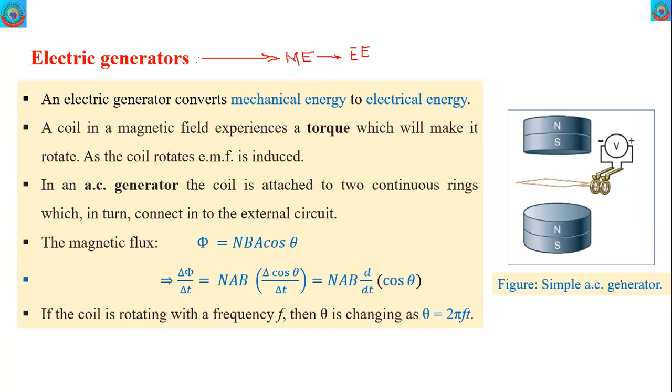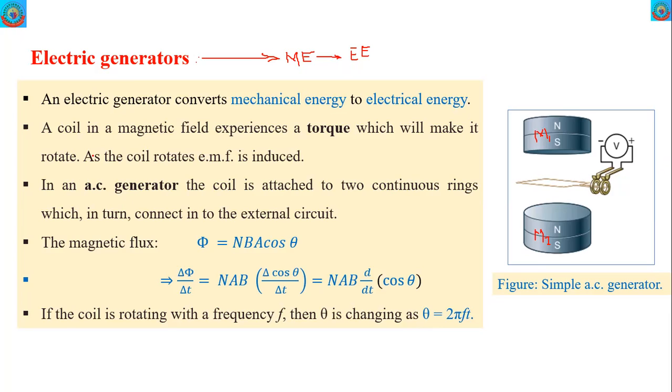So an electric generator converts mechanical energy to electrical energy. This is a simple schematic of a generator. We have two magnets, okay, these are two magnets, magnet 1 and magnet 2, having north and south poles, and we have two rings here, which are connected with wires.